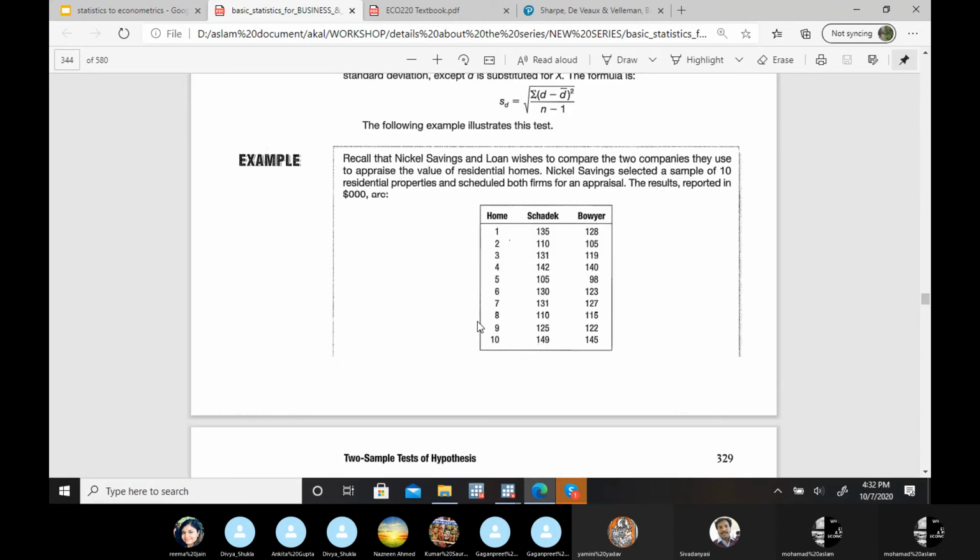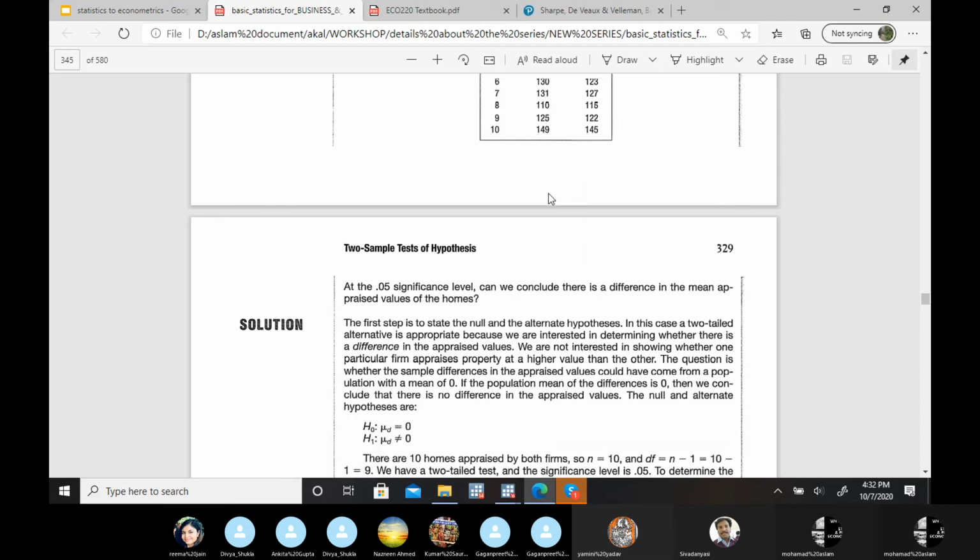So for example, in this particular case, Nickel Savings and Loan wishes to compare the two companies they use to appraise the value of residential homes. Nickel Savings selected a sample of 10 residential properties and scheduled both firms for an appraisal. The results are reported in this figure.